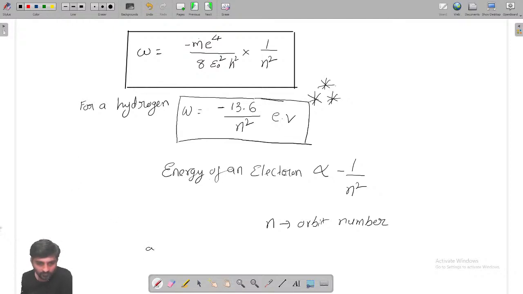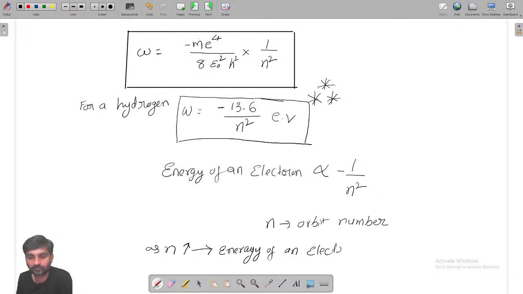So as n increases, what happens? The energy of an electron increases.